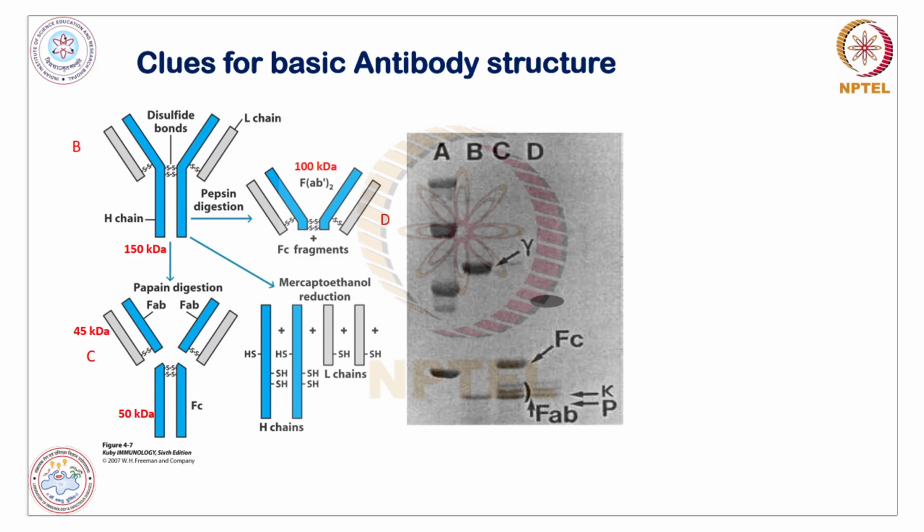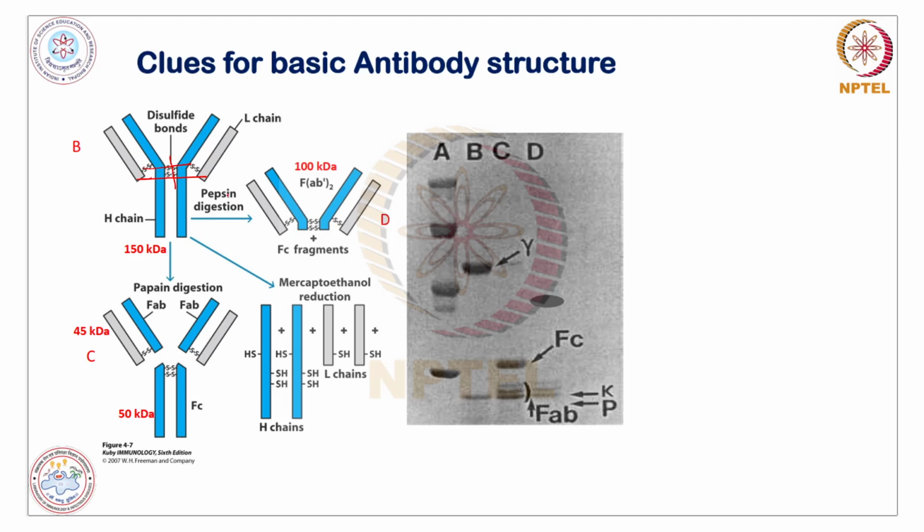They have also digested the antibody, after removing these disulfide bonds, with the papain enzyme, which digests above the hinge region. The hinge region is nothing but the central region of an antibody.